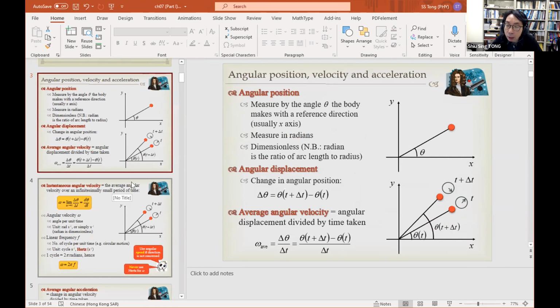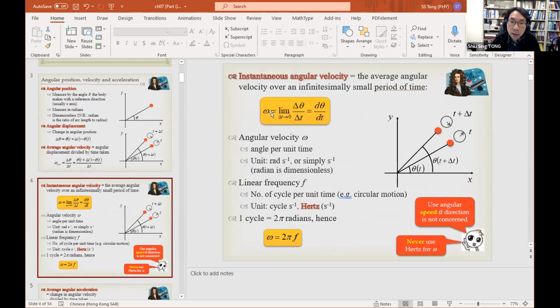Now, each of these quantities actually has a one-dimensional counterpart. Each quantity corresponds to the same quantity in one-dimensional motion. For example, the angle turned through by the motion of the object is analogous to the linear position of an object in one-dimensional motion. So theta corresponds to x. And the angular velocity omega, because it's d theta dt, corresponds to the velocity v in one-dimensional motion.